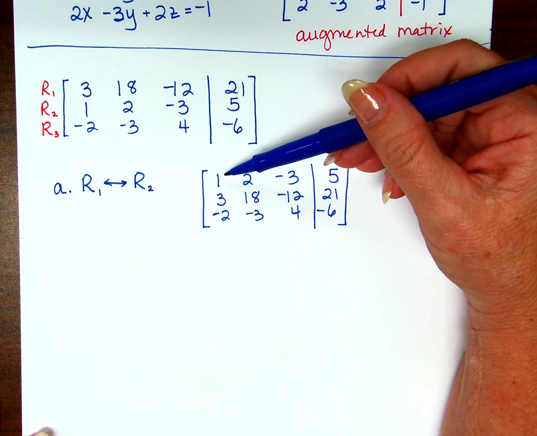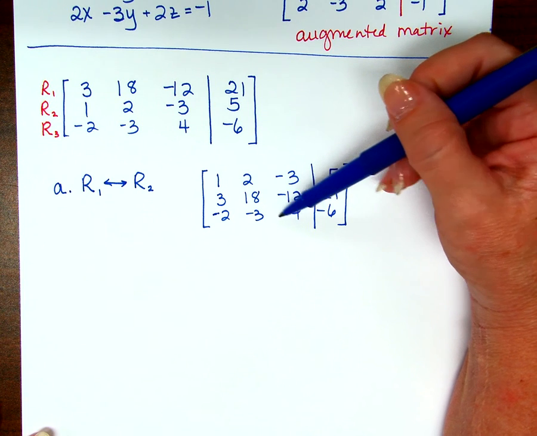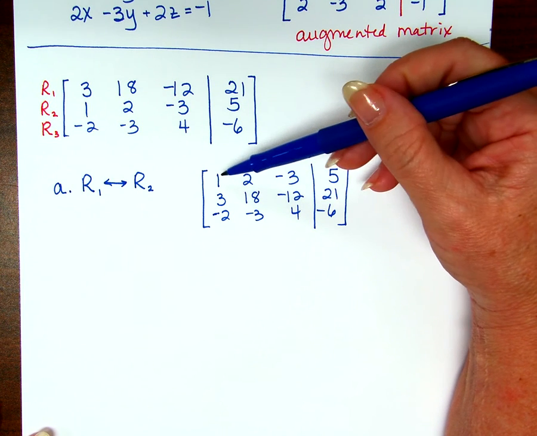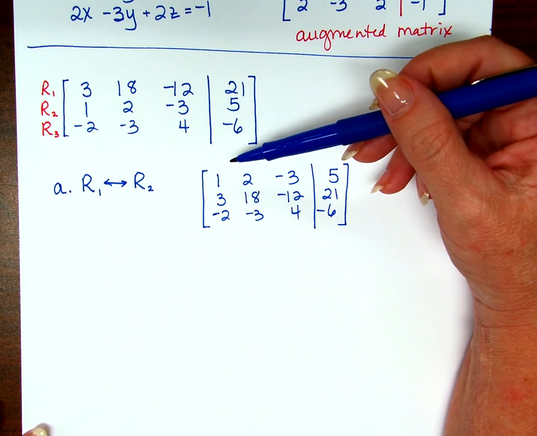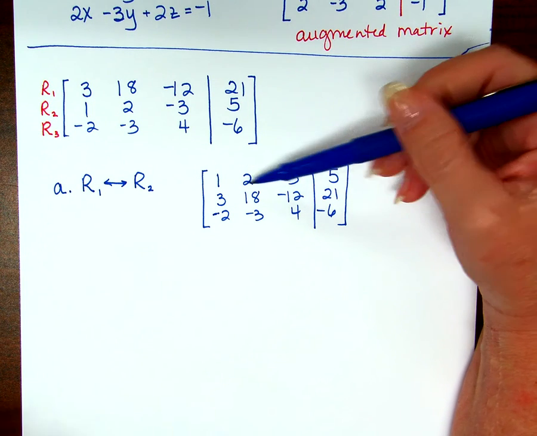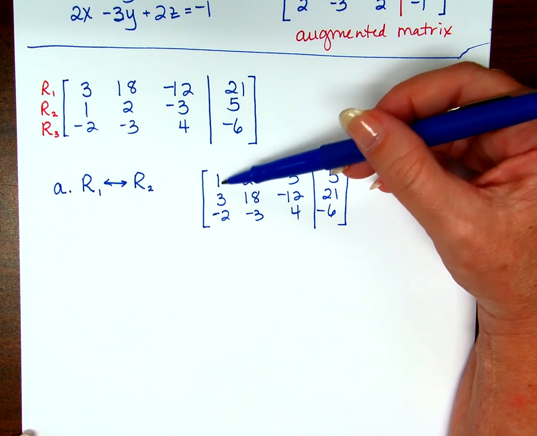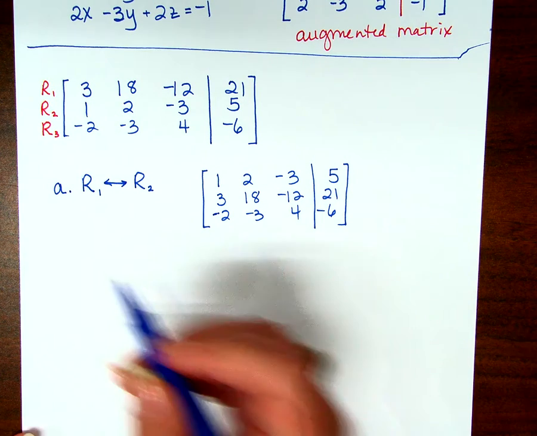Because it starts with a 1. Okay, think about what our answer looks like. What's right here? And our answer, isn't that a diagonal of 1s, right? All of these are zeros and all of these are zeros, right? And this is a diagonal of 1s. So we would start by getting a 1 right there. Does that make sense? Okay.